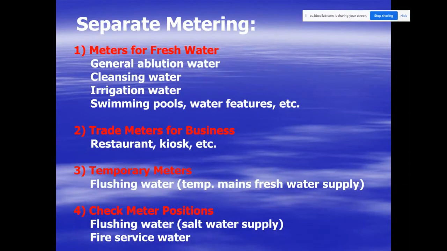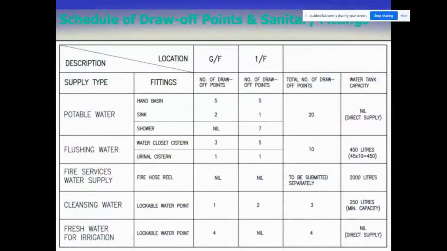The check meter position you are also required to take care of. It is not for the public, because it can only be accessed by the WSD staff and the WSD authorized person. Otherwise, you can't make any inspection of the water meter.